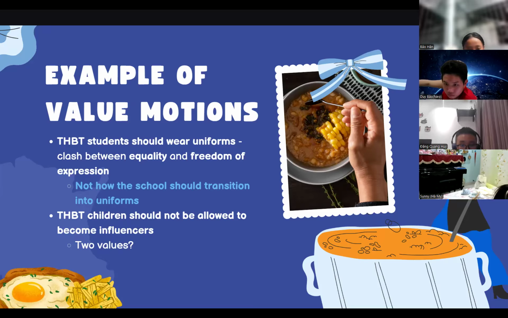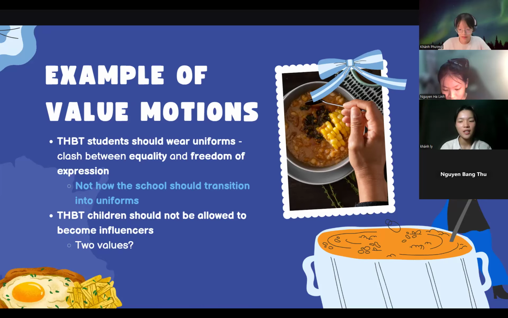I think two values can be: the first one can be the burden of a standard of being an influencer, and the second is the chance to get more opportunities, such as expanding social circle or career prospects.